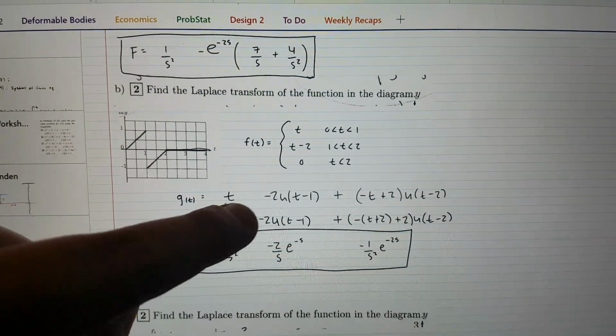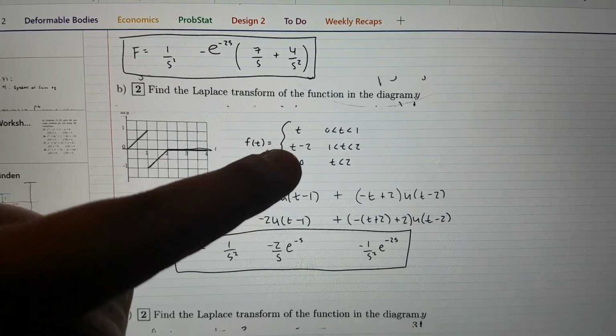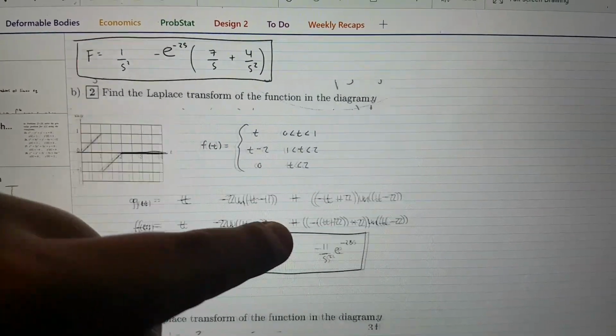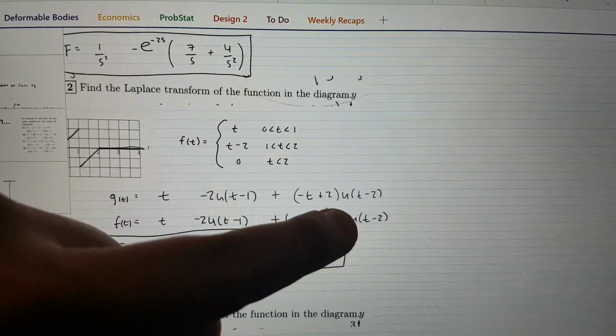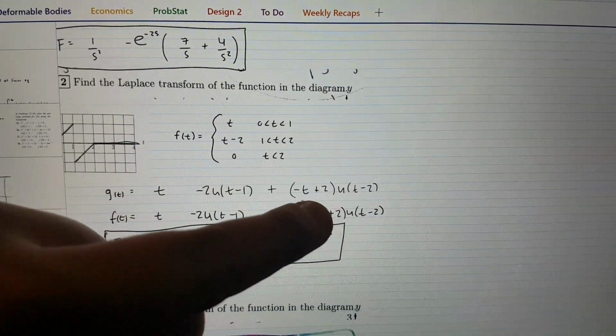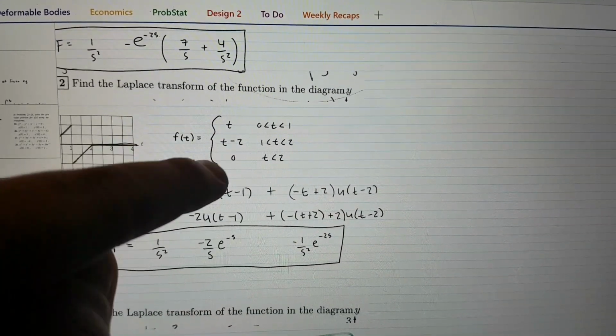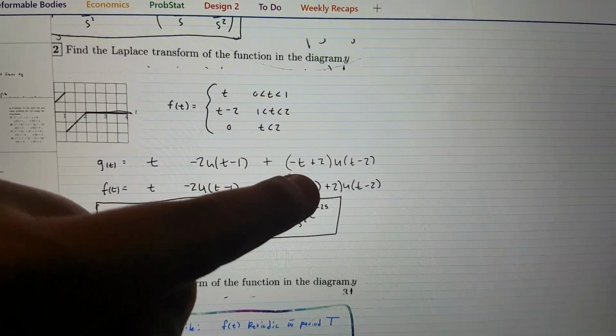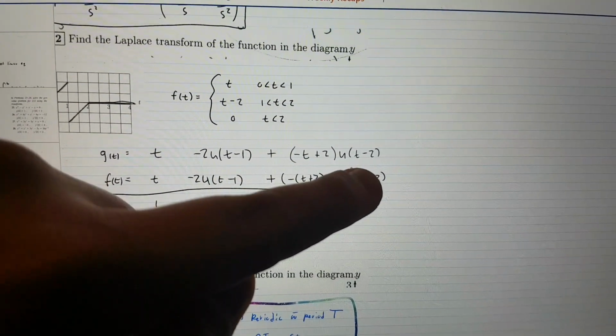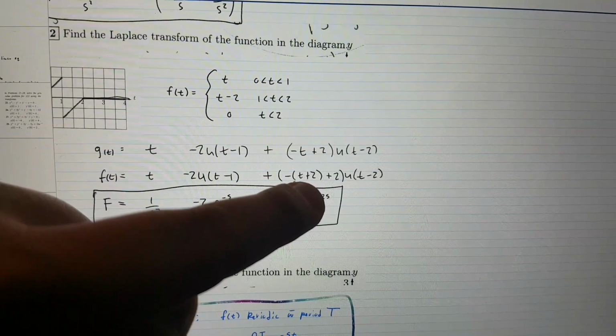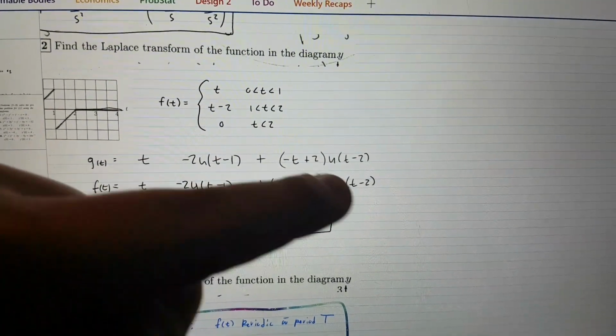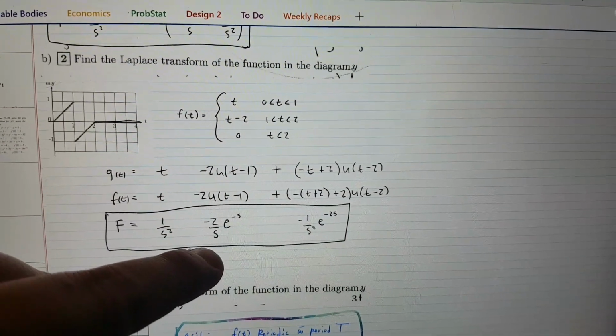So at the start it's t, then at t minus 1 you subtract 2 from it, and then at t minus 2 you have to subtract a t and add 2 to it, and then this t gets evaluated not at t minus 2 like I said before, but at t plus 2. Okay? So if you can keep that straight, then you should be able to get that right.